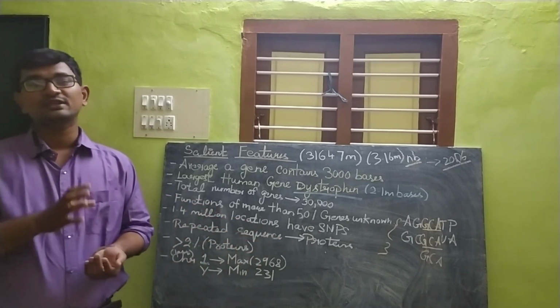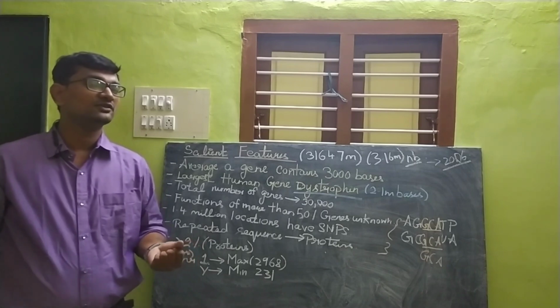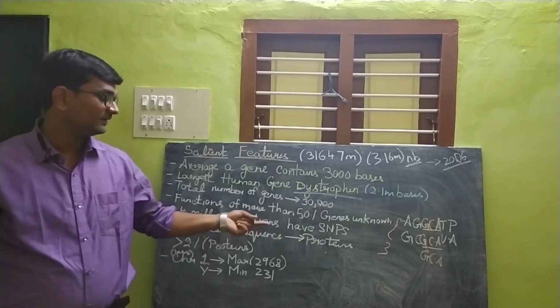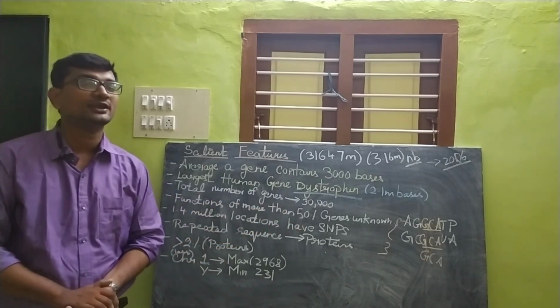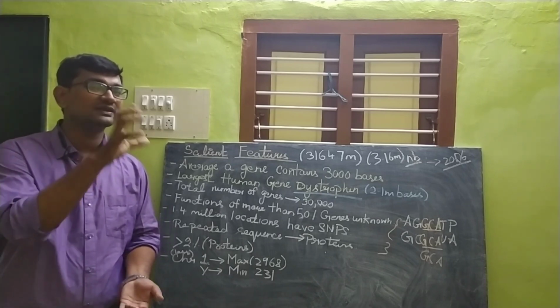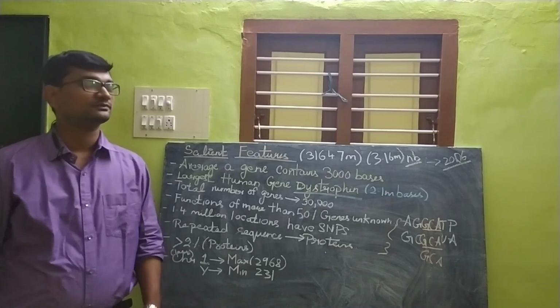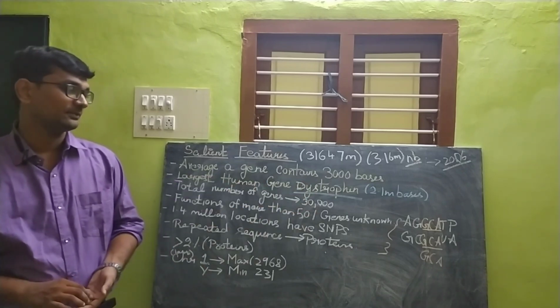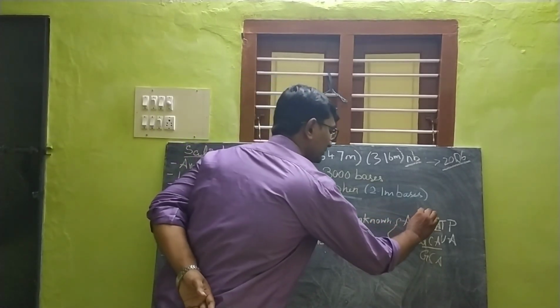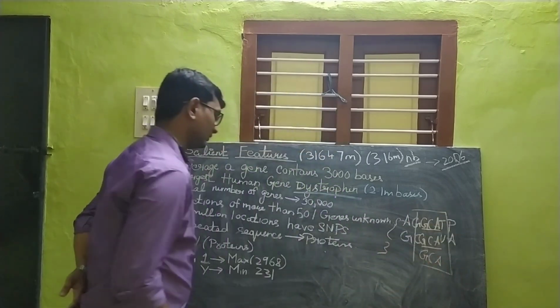You can see that many of the nucleotide bases in the Human Genome Project have single nucleotide polymorphism. What is single nucleotide polymorphism? The center point is getting repeated. That is, the center nucleotide base is getting repeated.